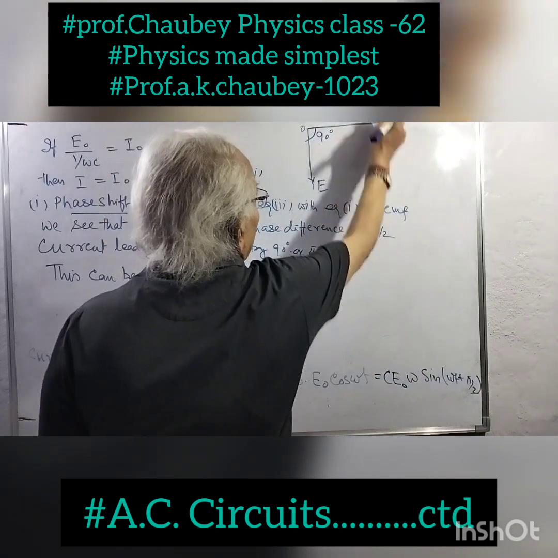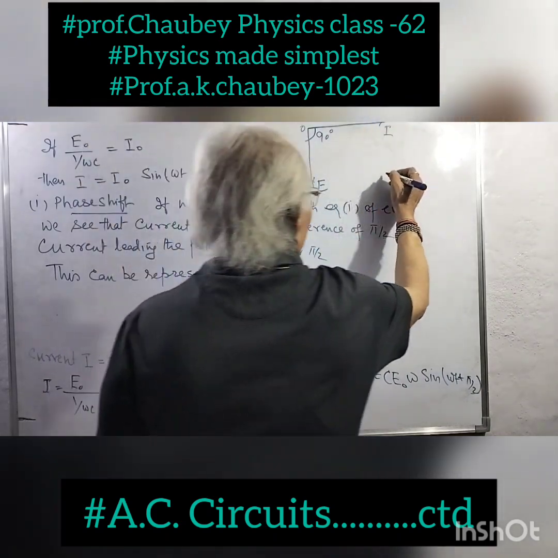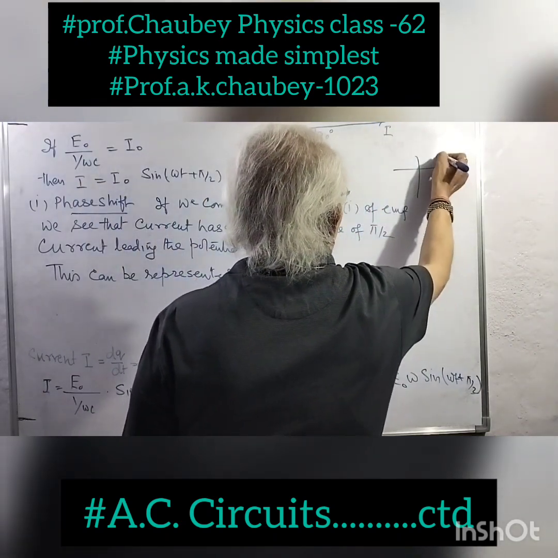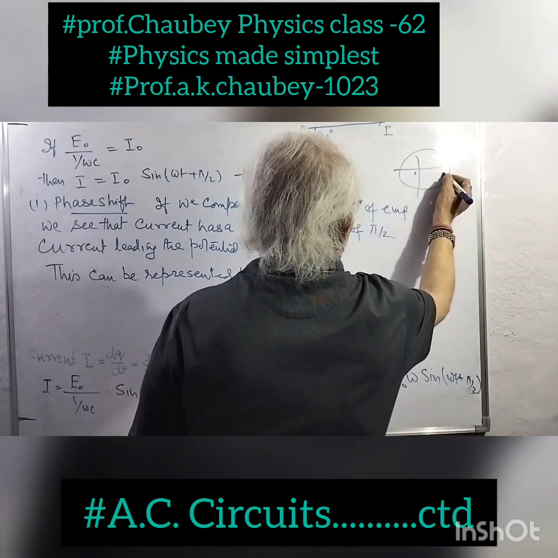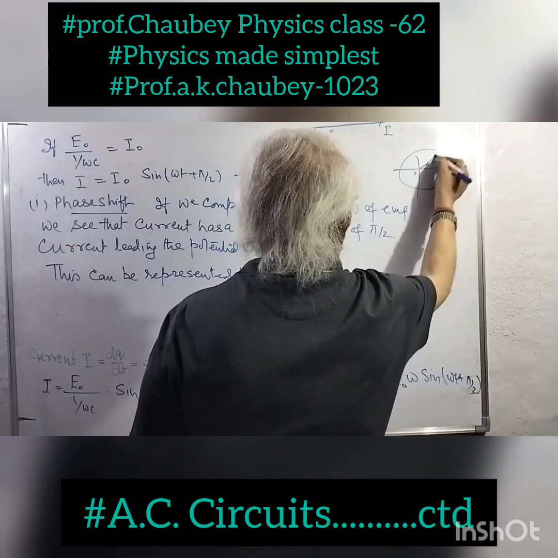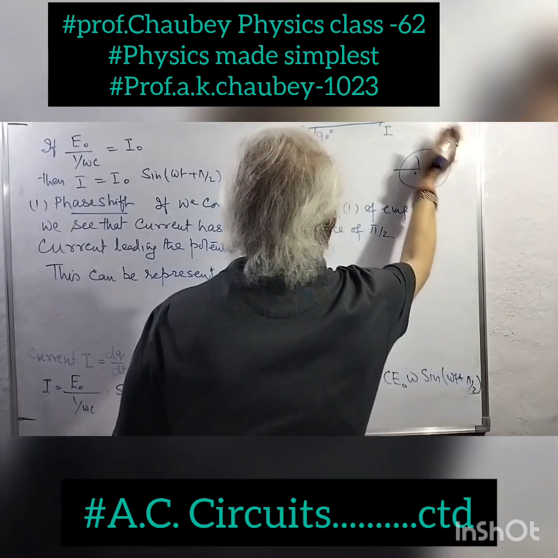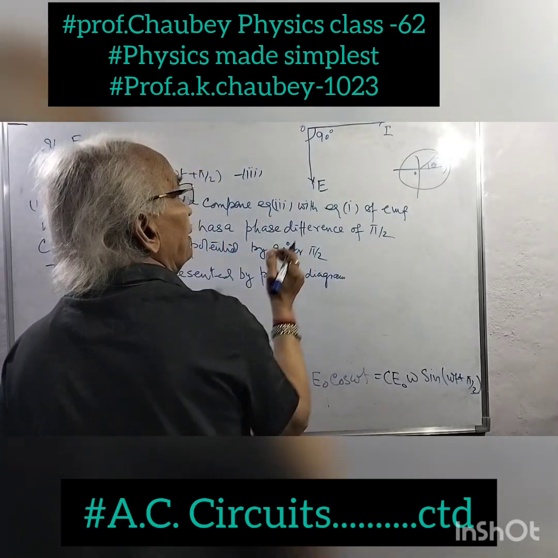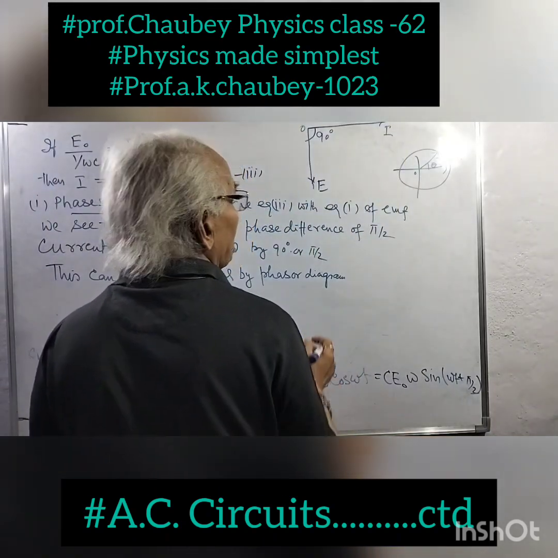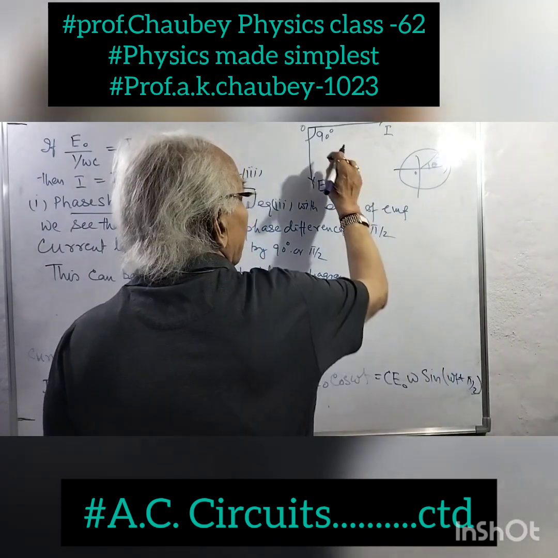Means current is positive, because this is the circular motion of the phasor diagram here, starting from here. So this is anti-clockwise, so this theta is increasing. So that way the potential is lagging behind, or current is leading ahead by 90 degrees.